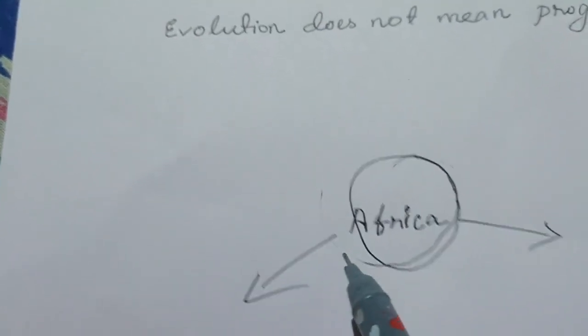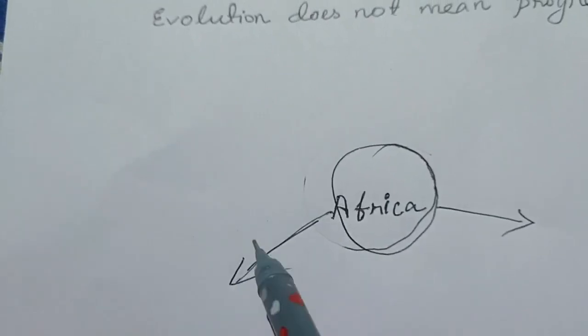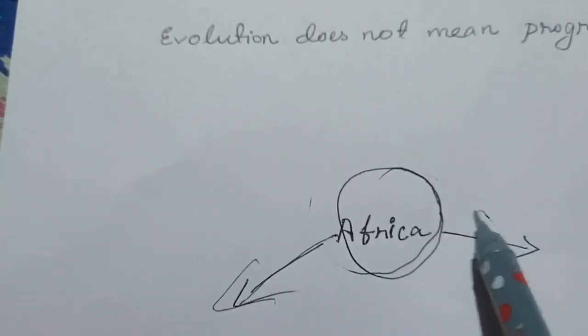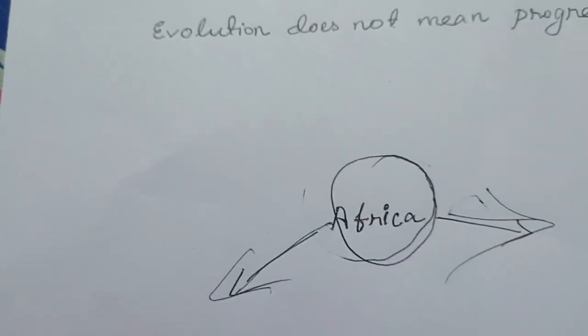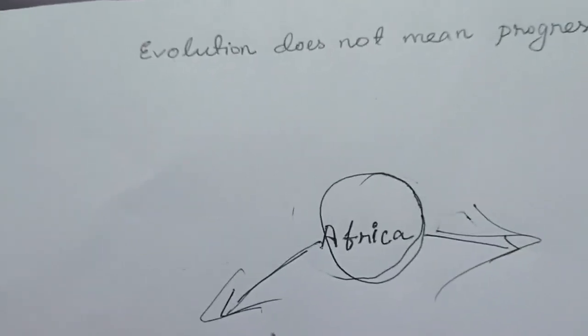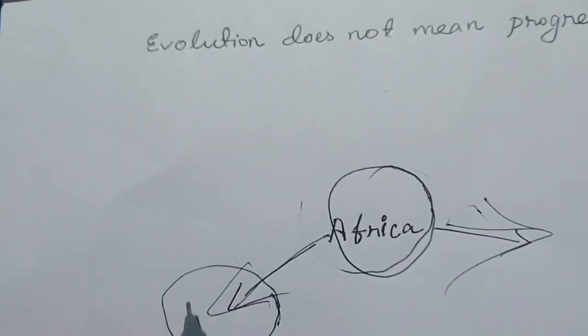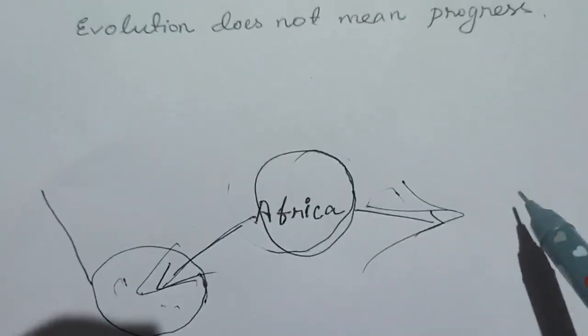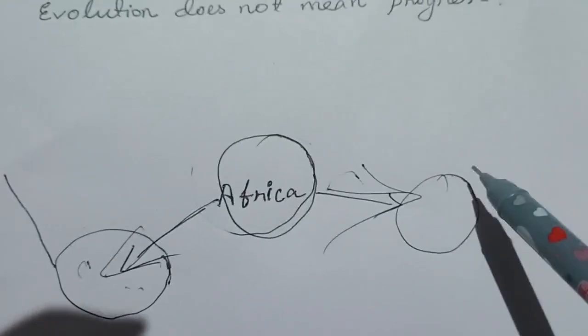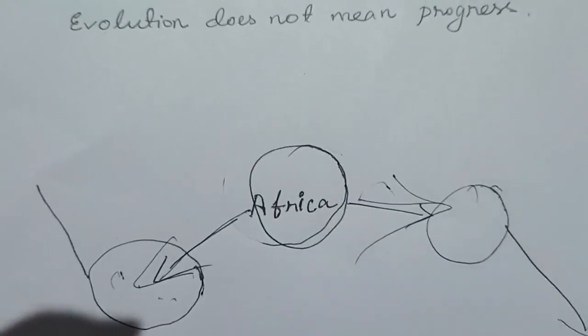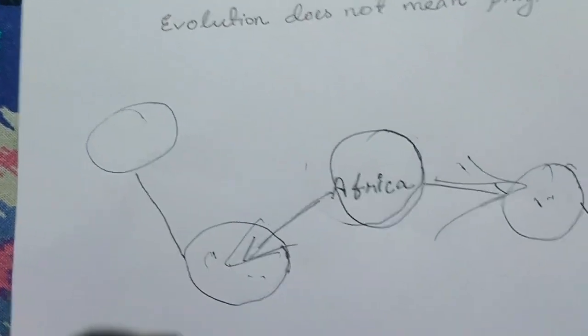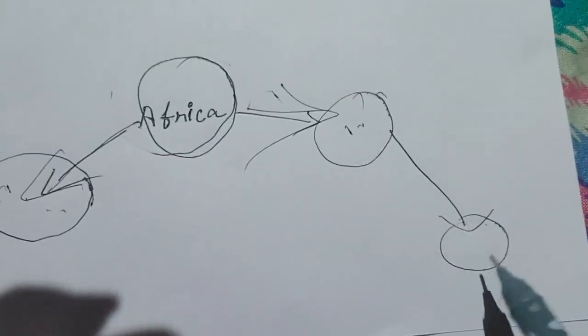Then some decided to move in this direction, some decided to move in this direction. Then many years later, from this group some decided to move in this way. Then from this group some decided to move this way. Okay, now there are people here also and here also.